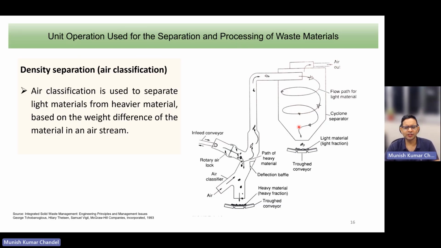Basically, you are increasing the area so that the material which was flowing with air will be separated and the air will go out. The heavy materials which cannot flow with the air will fall down. By this, you collect the heavy material here and the lighter materials like paper and plastic in another chamber or on another conveyor belt.